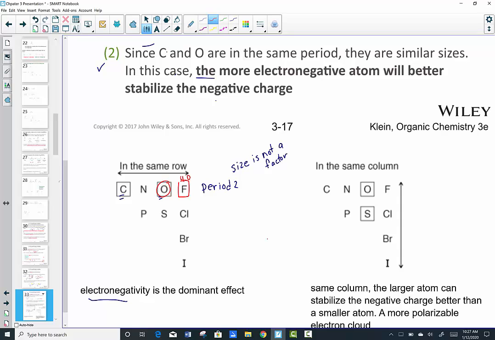It is because it has more protons packed in its nucleus as compared to carbon, and therefore more protons will attract electrons more so than an atom with fewer protons. So between carbon and oxygen, oxygen is more electronegative.